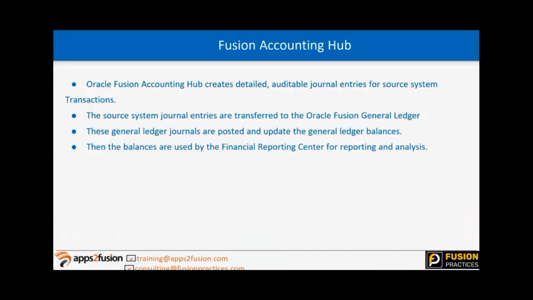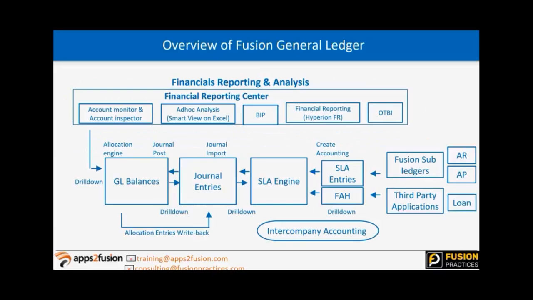Okay, so Fusion Accounting Hub helps you create detailed auditable journal entries from your source transactions. So till now we have discussed the complete flow of my FAH, or from an internal subledger accounting to my GL through the subledger accounting engine, going through the GL balances, going to the financial reporting center into your SBS Cube and drilling down back from that particular reporting platform.